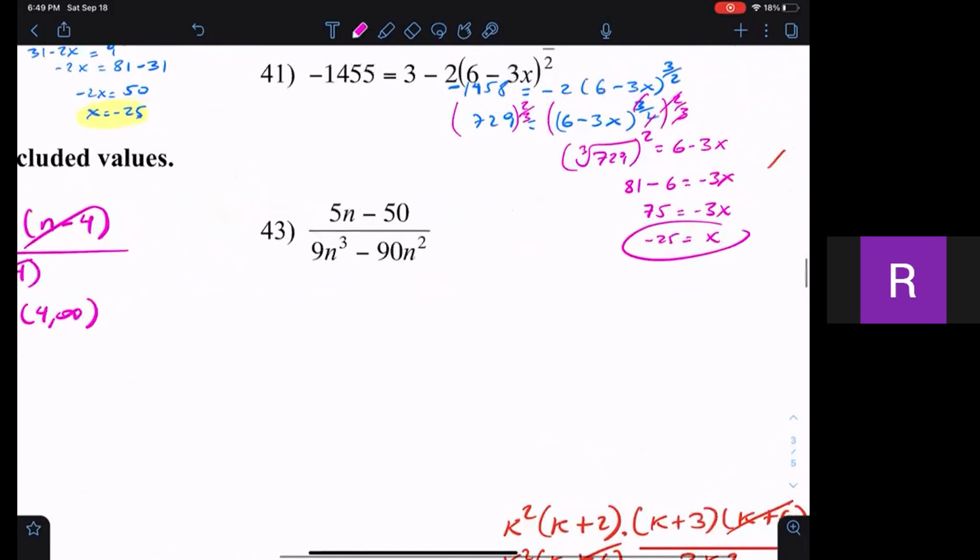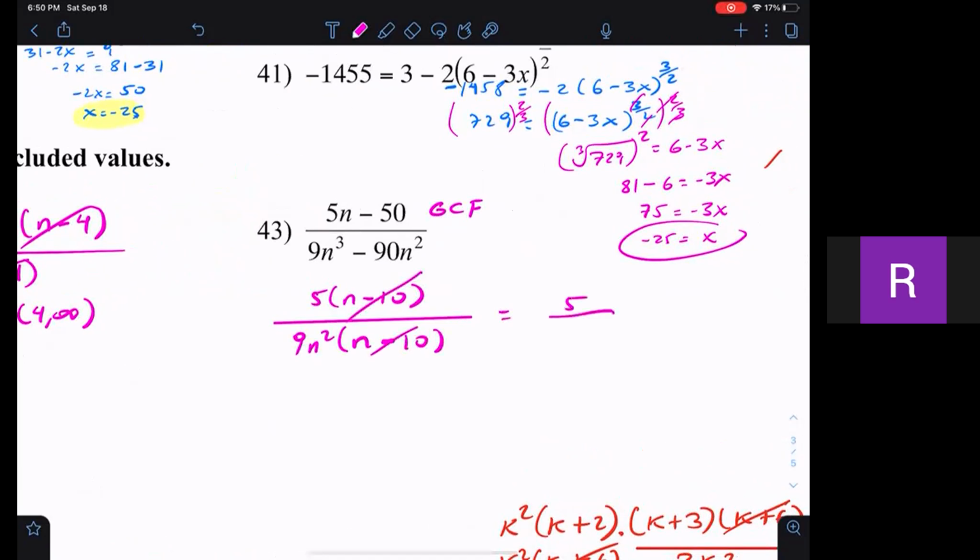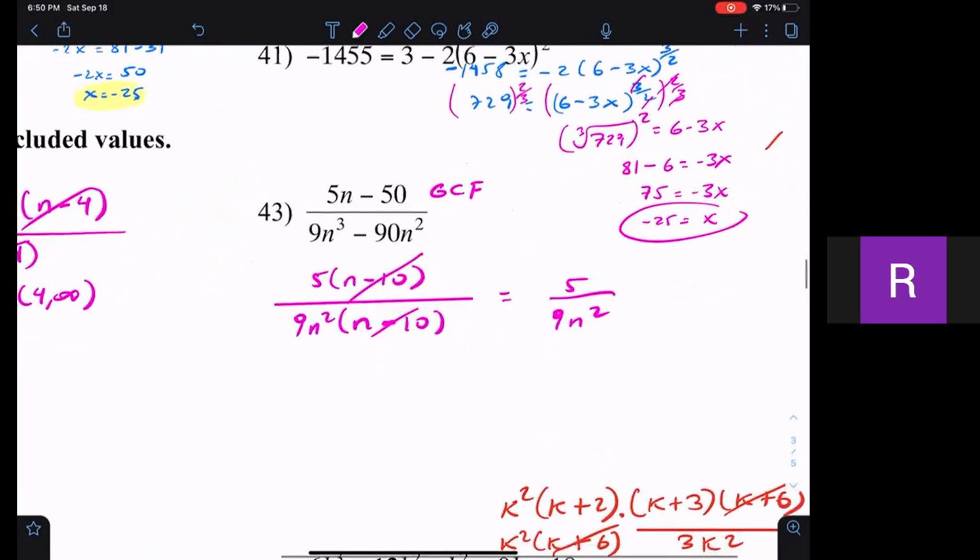Okay. Next, 5n minus 10. The GCF here, right? GCF. And here 9n squared. So that's going to be n minus 10, right? So this cancels out. 5 over 9x squared. So the excluded value is 10. So the domain is what? Negative infinity to 10 union 10 to infinity.